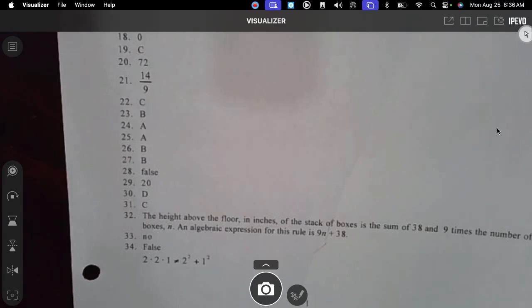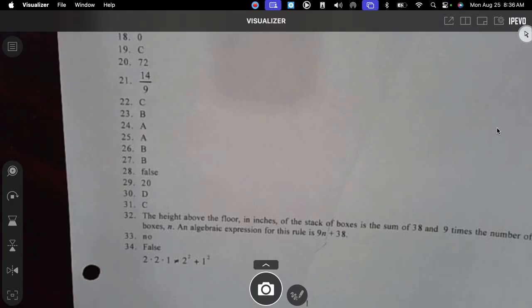That's our first page. And then we have like 13, and 15, 16, 17, skip down to 20 and 21. That's our second page.